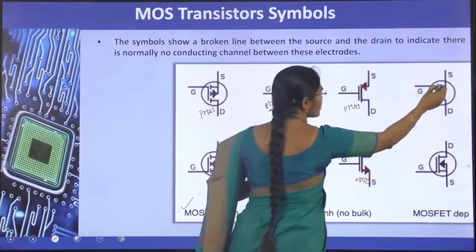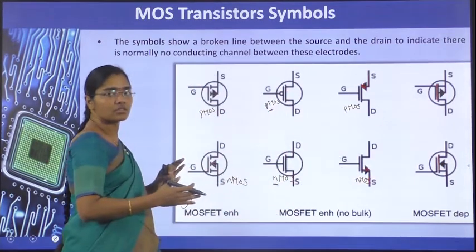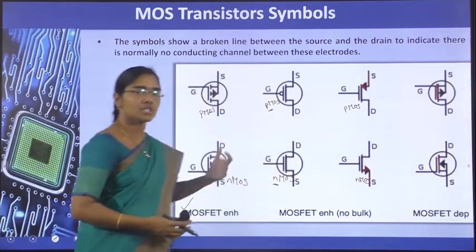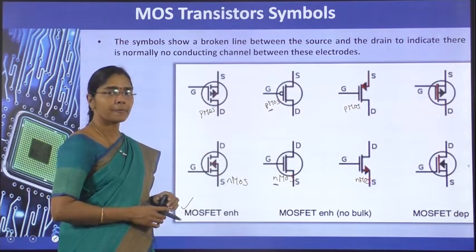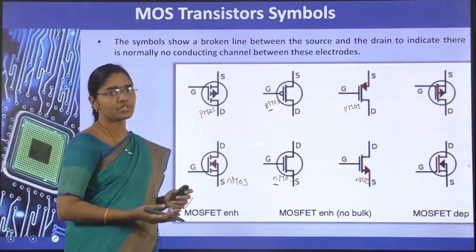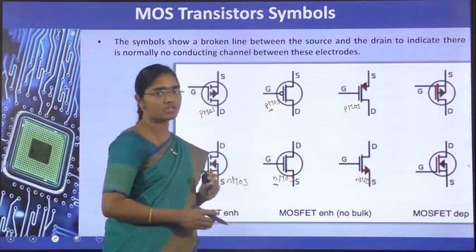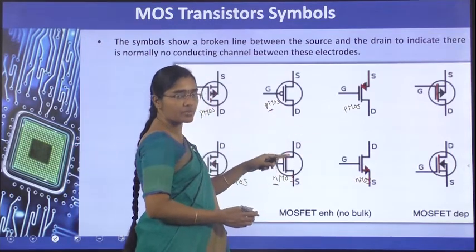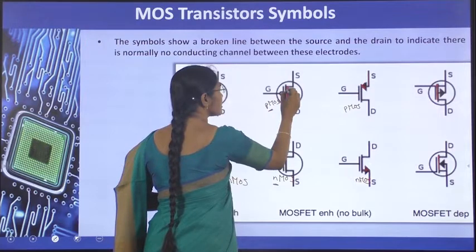Then the representation of the depletion mode, where a thick line represents the physical channel. So this fourth set will be used for the depletion mode transistor representation for the first set of enhancement mode transistors. Whereas in these two sets, if we want to represent depletion mode transistors, then an extra line is going to be used at the channel part. That is, I am representing like this. These four are originally enhancement. Now if you want to represent as a depletion, one thick line is used extra here.